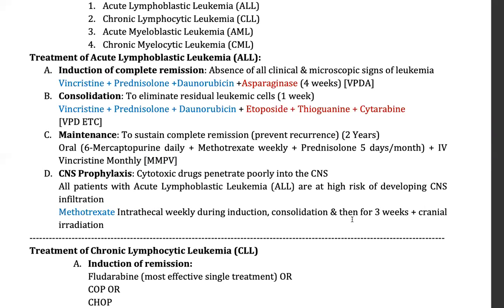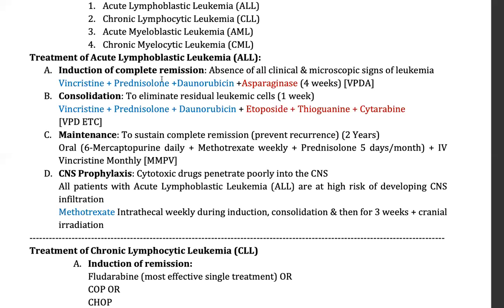3 weeks. It means you have to give methotrexate simultaneously when you start the therapy. When you start the induction of complete remission, you have to add methotrexate by the spinal route weekly. For the 4 weeks, there are 4 doses.